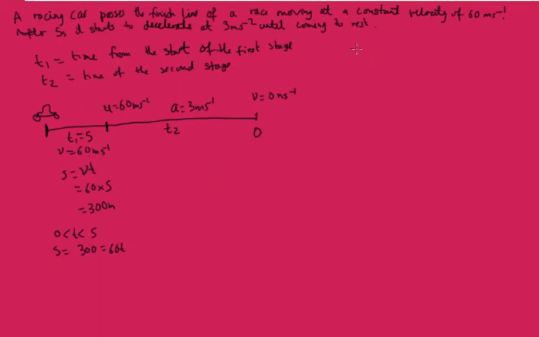So I'm going to do a wee sketch up here to put everything that we've got down. So we've got our S, we've got our T, and always put the units on your graph. And we've got a straight line of constant speed for 5 seconds, and this is 300.